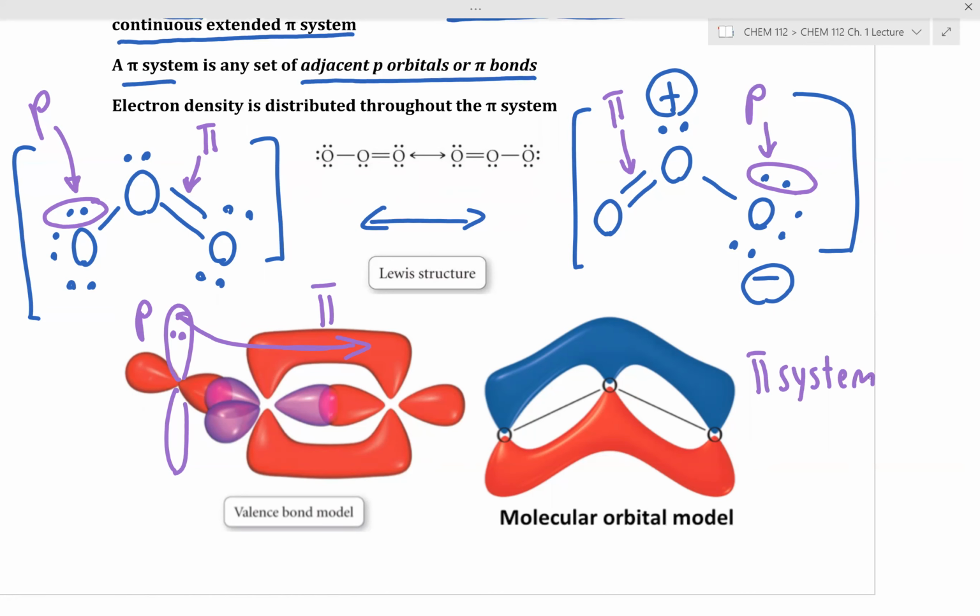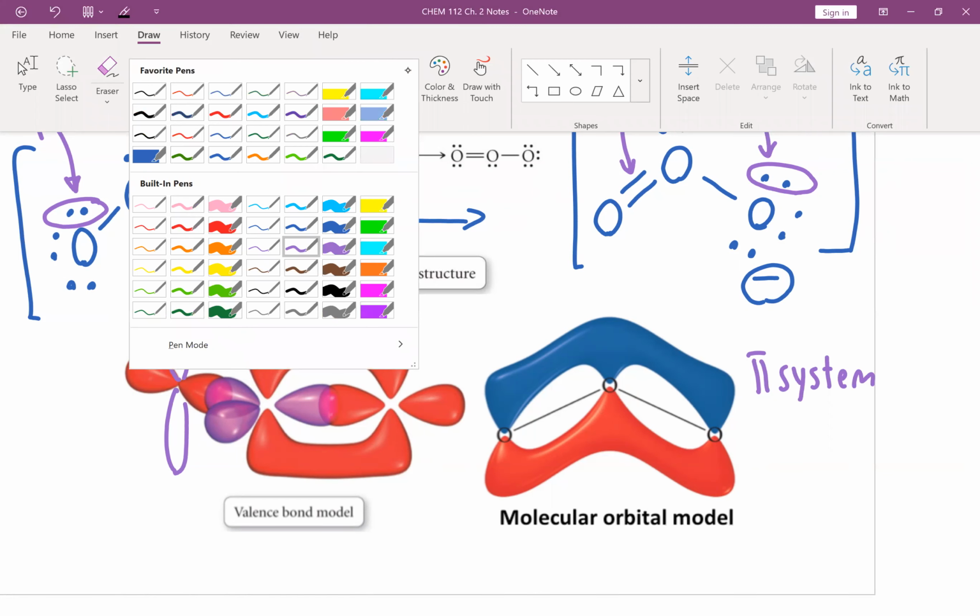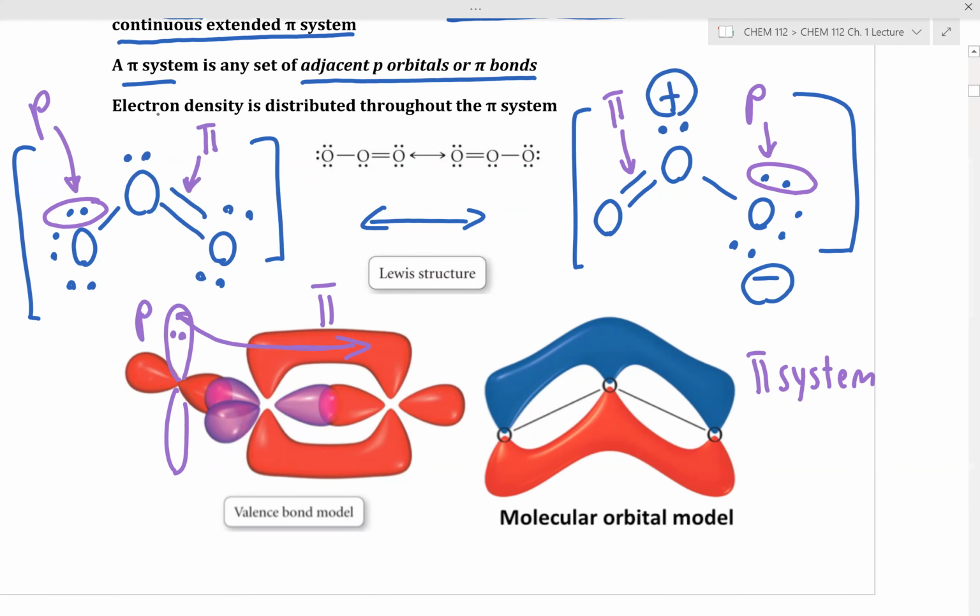Okay, so to showcase how we draw out ozone using our curved notation, let's just do some practice here on curved arrow notation. If we want to go from the structure on the left to the structure on the right, what needs to happen? So where do we need to form a double bond?